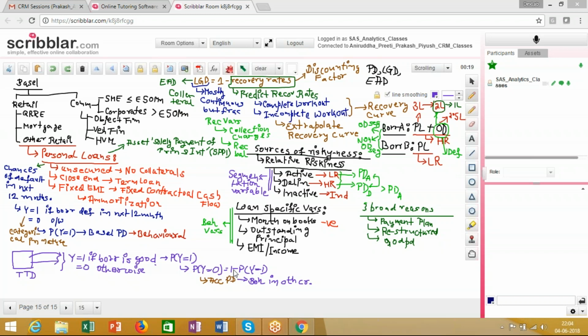Say for example, on a credit card, utilization is a behavioral variable, because it shows how much of the balance on the card you are actually spending. So that is where this particular concept comes in. Clear?